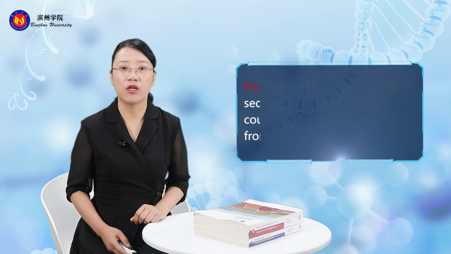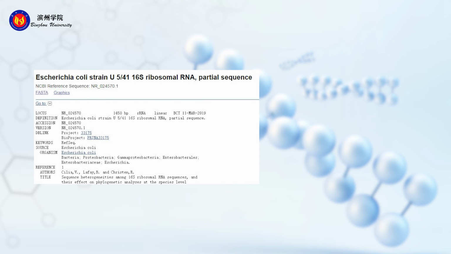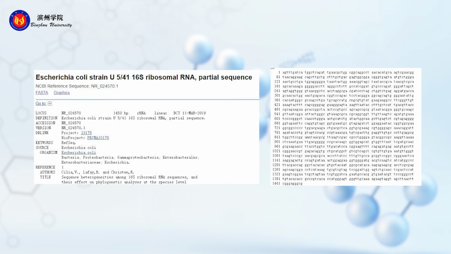A phylogenetic tree can be built using RNA sequences. First of all, the 16S RNA sequences of microorganisms could be sequenced or retrieved from GenBank. Look at this picture. It shows the information of the RNA sequences in GenBank.